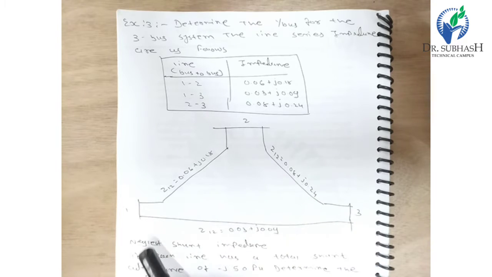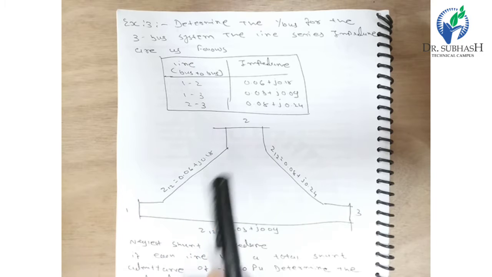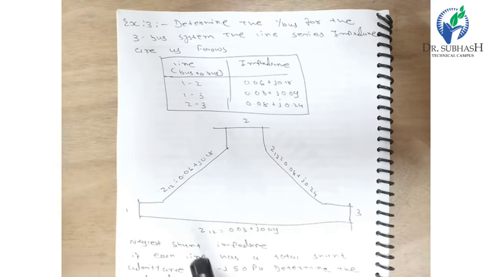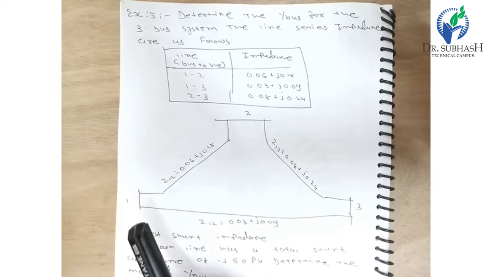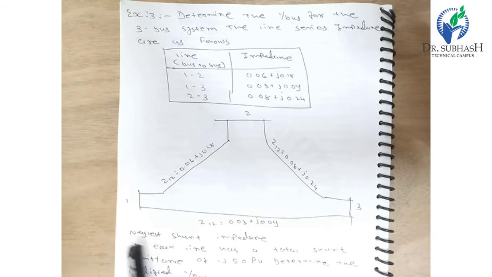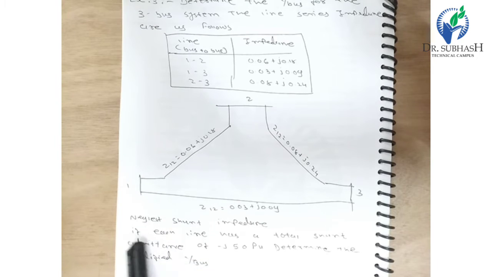Here we draw the power system network of bus 1, bus 2 and bus 3. In the given data, we should neglect the shunt admittance, and then if each line has the total shunt admittance of minus j into 5.0 per unit, we should determine the modified Y bus system.